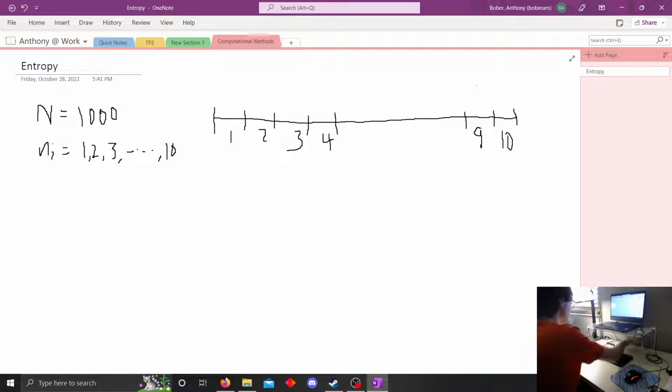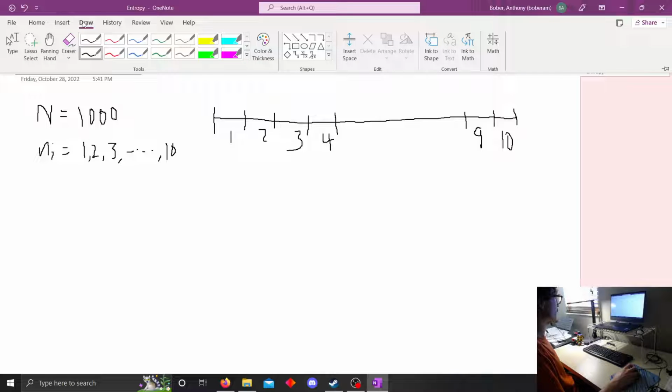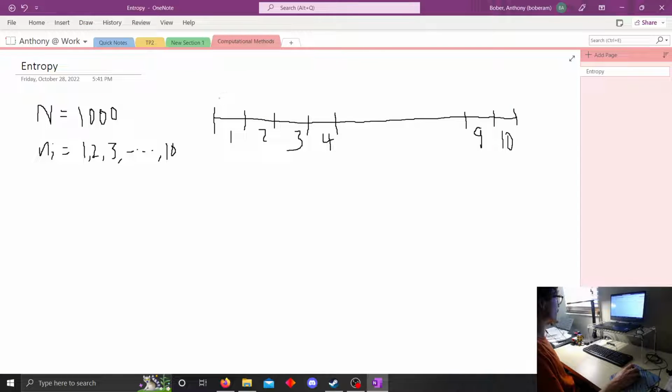Without knowing what the grades actually are, we could predict what it would look like. For example, maybe it's distributed uniformly, in red, with 100 students in every bin.